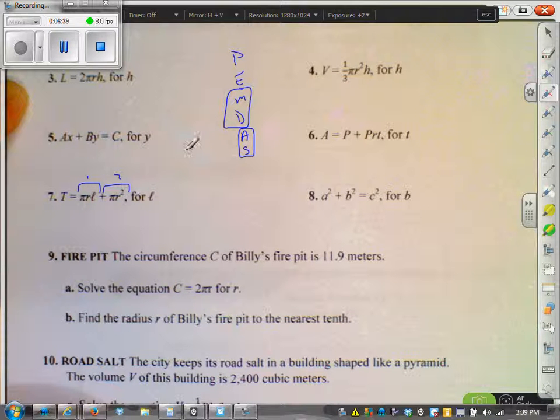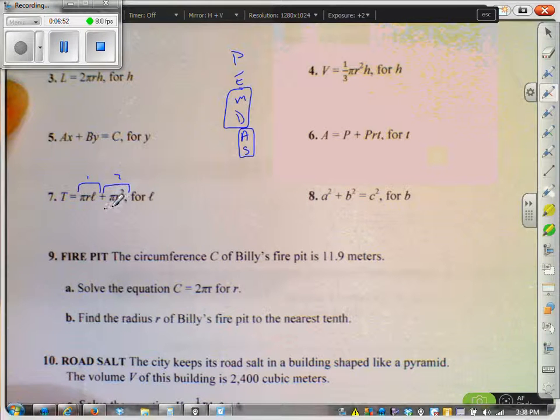So if we're going to undo this in the reverse order, we're going to undo the last thing that happened. And this was the last thing that happened. And what happened? We added pi r squared. So we're going to subtract pi r squared from both sides. Right? So t minus pi r squared equals pi r L.